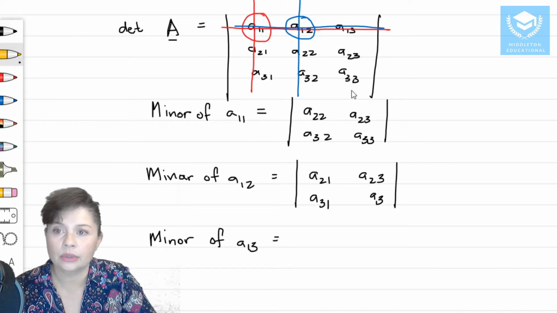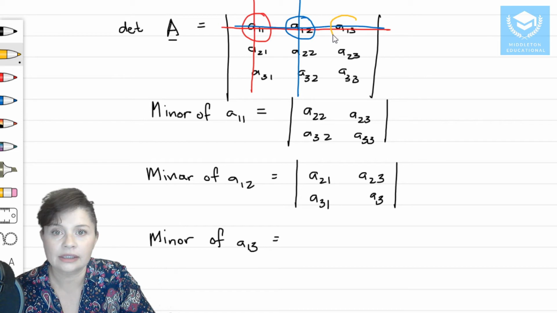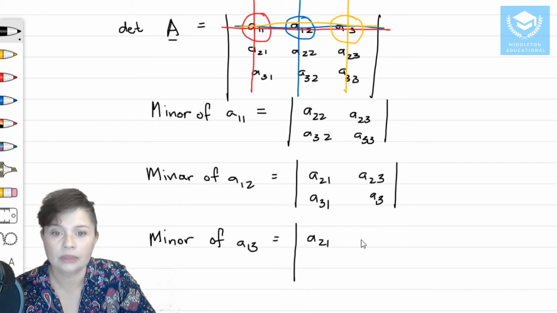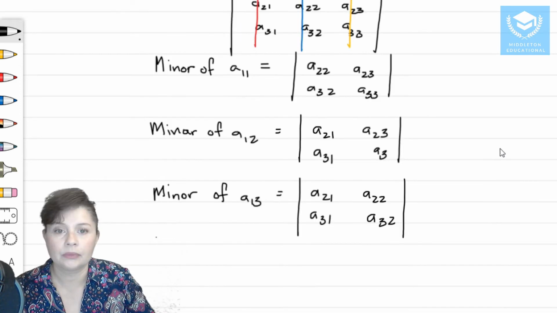And I'm going to do that one in yellow. So if I circle A13, put a line through the column, line through the row, everything that is not covered in yellow is part of that minor. So that is going to be A21, A22, A31, and A32. Right?